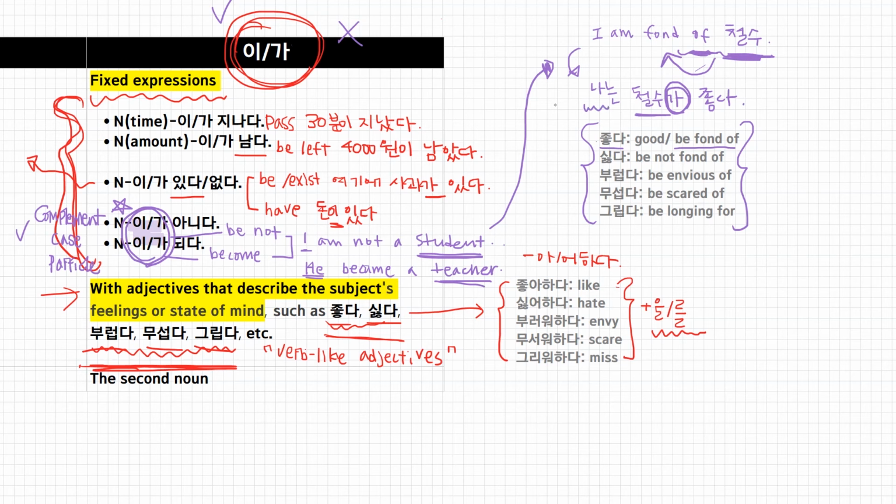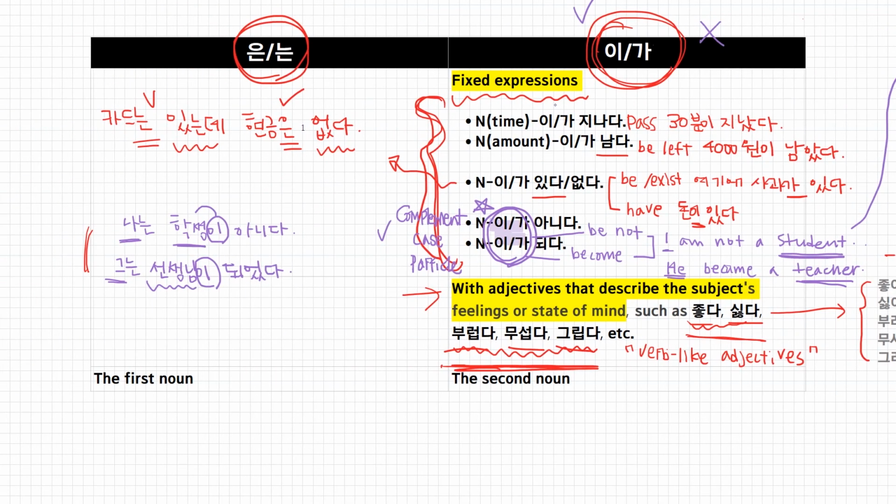So, in summary, when a sentence ends in adjectives or intransitive verbs like this, most likely there will be two nouns in a sentence. In that case, use 은는 with the first noun and 이가 with the second noun.